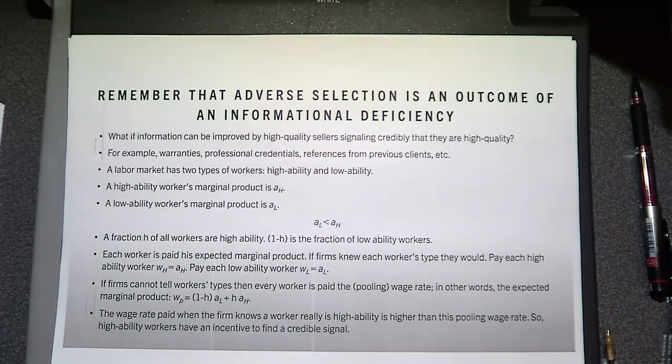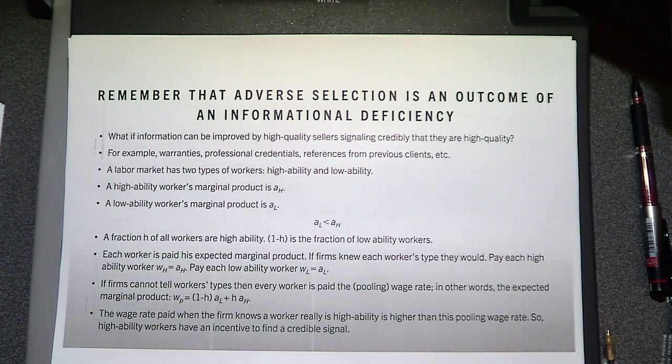Now, if an employer is able to distinguish perfectly between this ability, then the employer will be able to equal the salary to the marginal product of exactly these workers, either high ability or low ability. It is fair to assume that the marginal product of a high ability worker will be higher than that of a low ability worker.